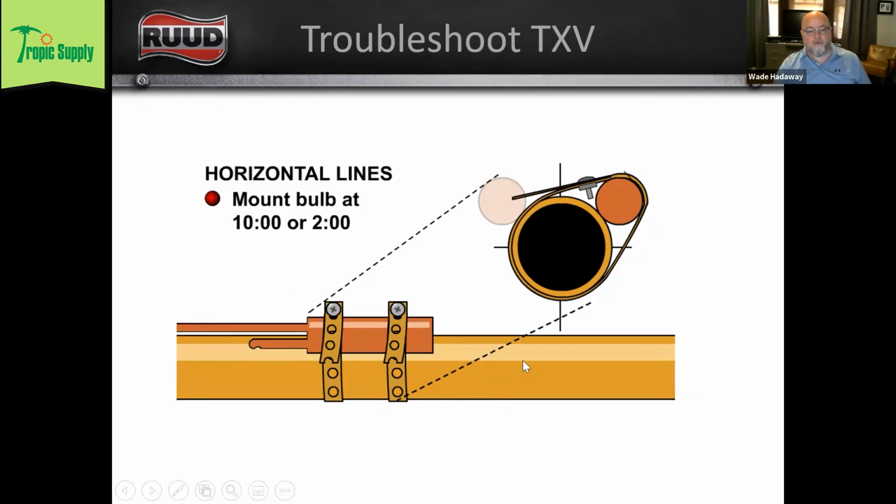So the temperature of the refrigerant in the suction line is transferred into the refrigerant in the bulb using conduction, right? And if this isn't tight, or you mount it on a turn, or you mount it on a braze joint, it's not making good enough contact with your suction line for it to really be the same temperature as the suction line, which it should be.